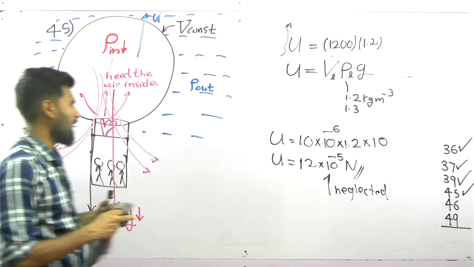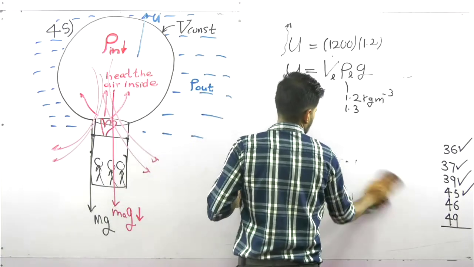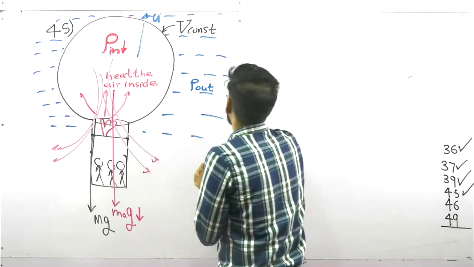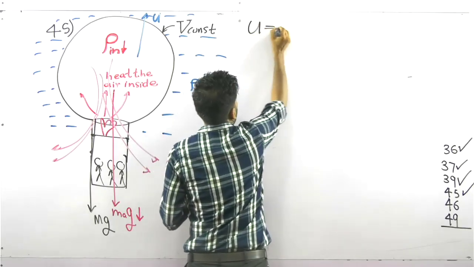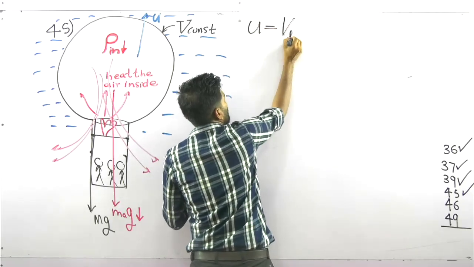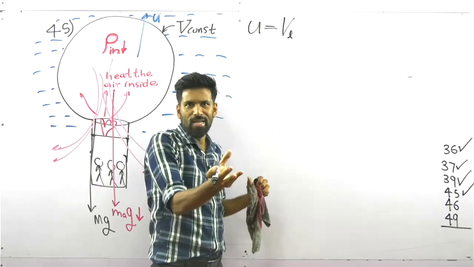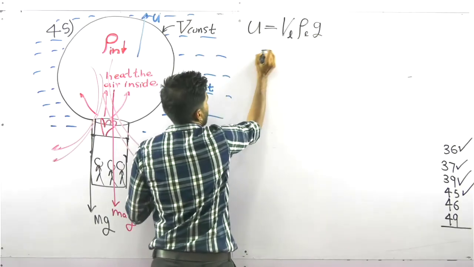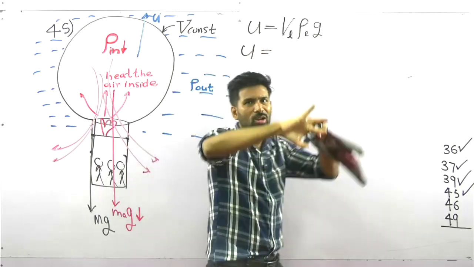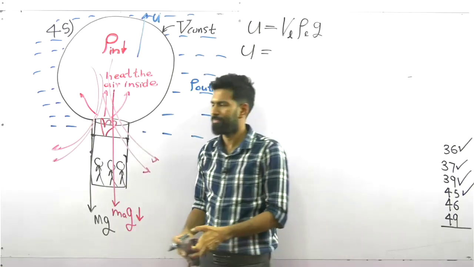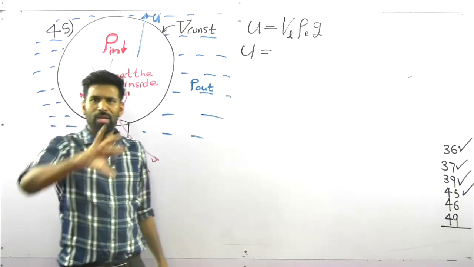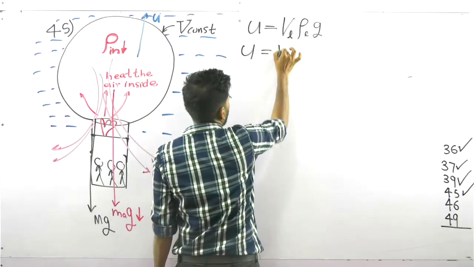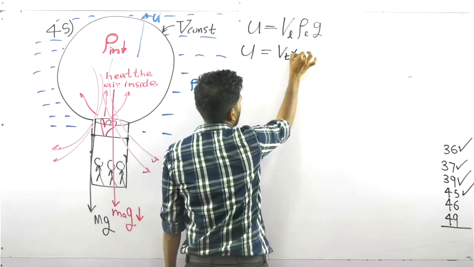So it's a very large balloon and it will have a very large upthrust. Let's see the value of the upthrust. Upthrust is equal to the volume immersed inside the liquid, times the density of the liquid, times g. The full balloon is immersed inside the outside air, so the total volume will be the volume inside the liquid.